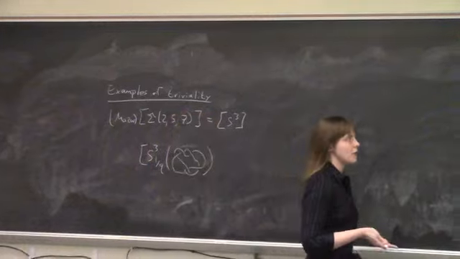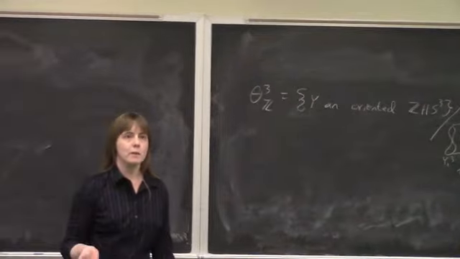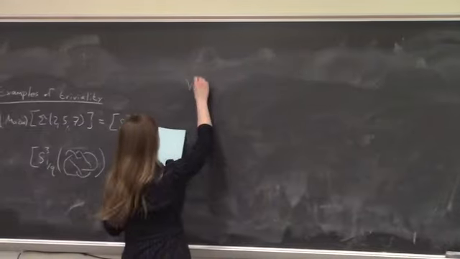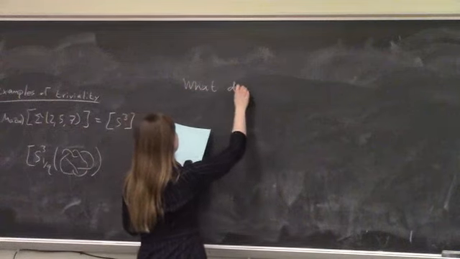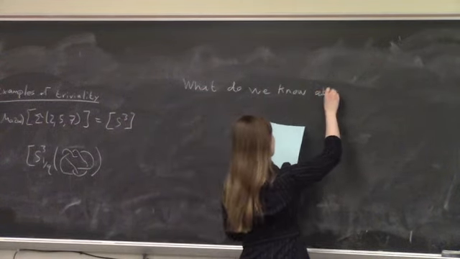Okay, so I've told you this group is an object of study we consider interesting. It's our group. You could ask me what things we know about its structure. Let's talk about some things we know about its structure.